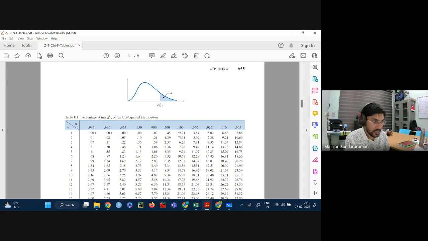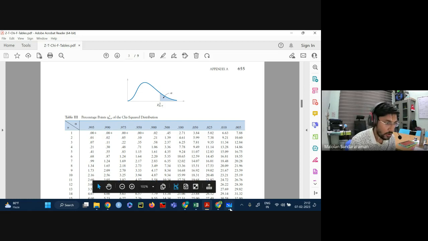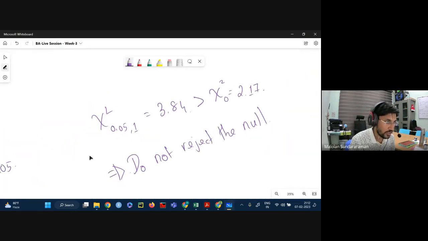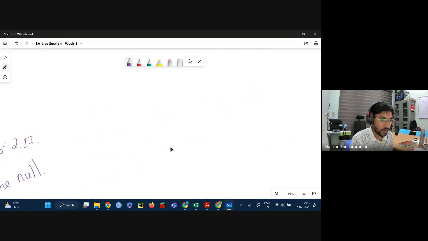Any questions? There was a question on discourse regarding how the rejection changes based on the rejection criteria, and I will explain it with this example. So we have chi-square at 0.05 and 1.